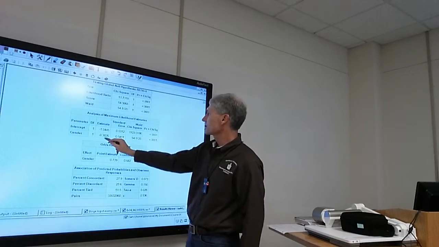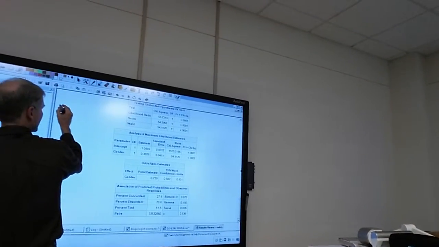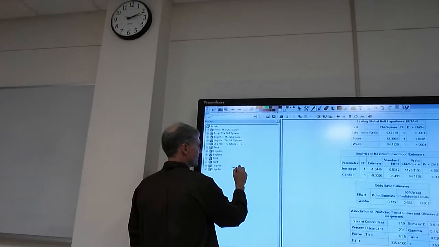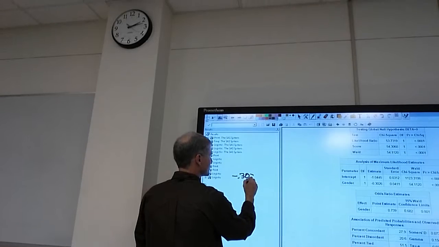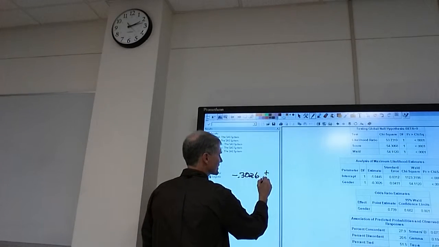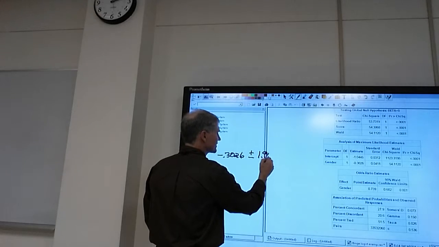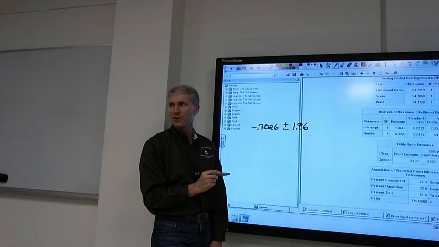Okay, so if I take this standard error, I'll just come over here. Gender is negative 0.3026. Now go plus and minus 1.96. Does that number sound familiar? What is 1.96?